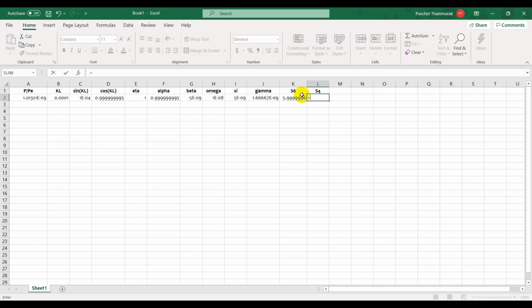So this is equal to C over omega multiplied by the S6, and the rest is the S6, and then plus KL square again, KL square multiplied by alpha divided by omega, right?